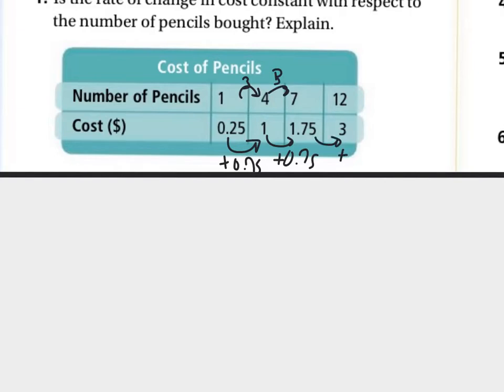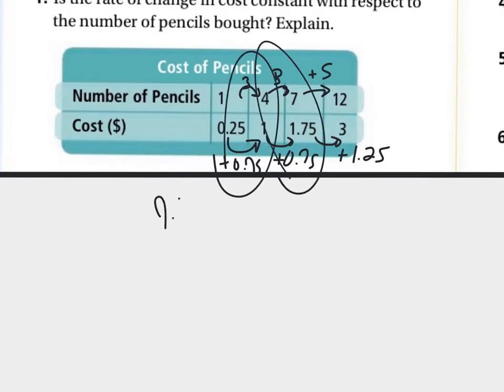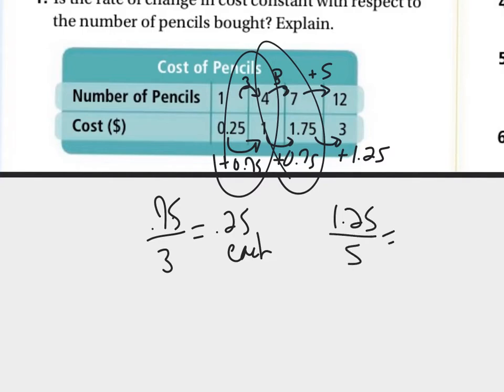And this one, the cost went up $1.25 for 5 more pencils. If you look at the first one, 75 cents for 3 pencils, that's 25 cents per pencil. $1.25 divided by 5 would also be 25 cents per pencil. So that would be constant.